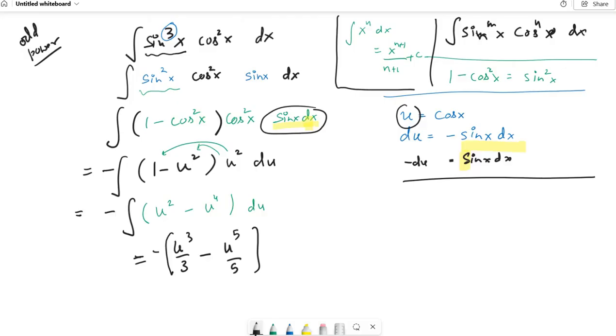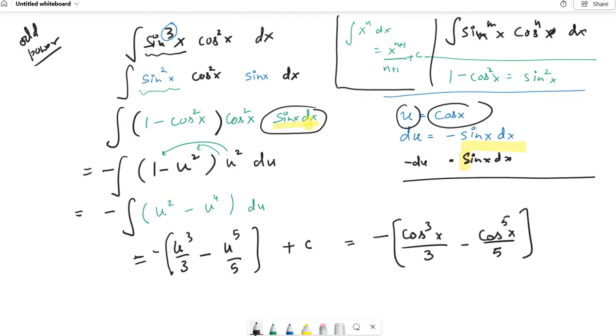There is a negative outside, plus c. u is cosine, so you need to always put it back. Negative of cosine cube x by 3 minus cosine to the 5 x by 5. Take care of the parenthesis, because when the parenthesis goes inside, this is going to become positive. This is your final answer.